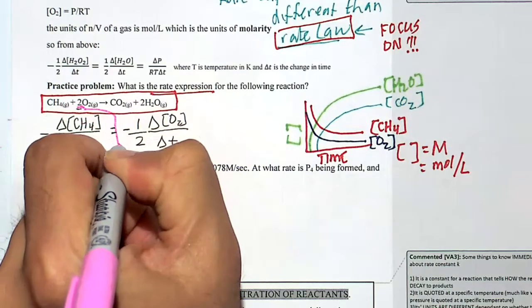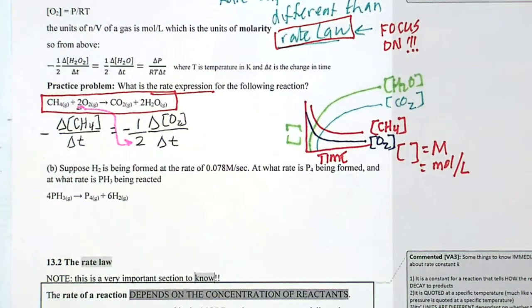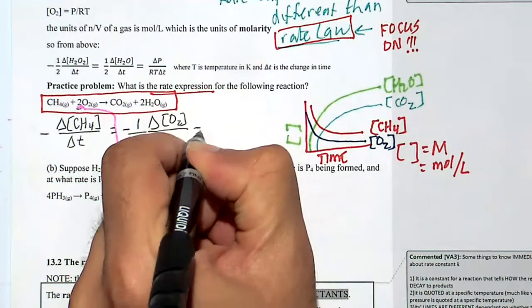Okay, it's 1 over. That has to equal the products.